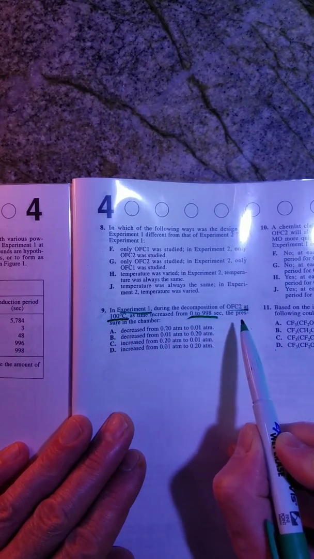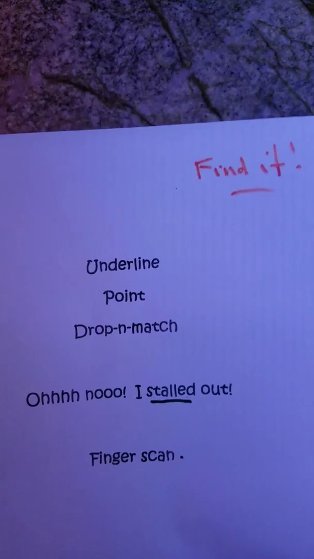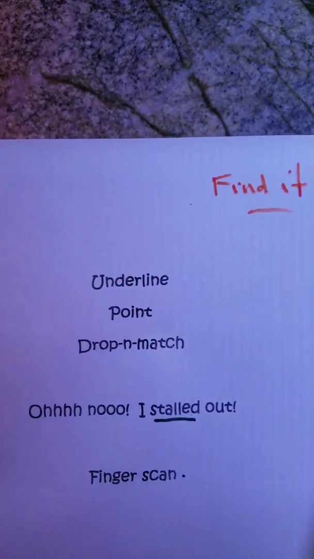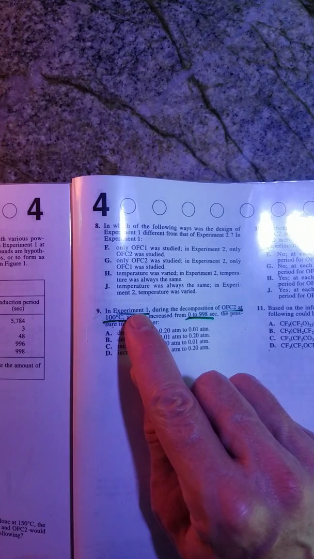As the time increased from 0 to 998, the pressure in the chamber did what? Okay, so I underline basically what is important in the question. Step number 1, underline. Now, step 2 is to go ahead and point. So first thing we're going to do is take one finger, and I'm going to point to the first thing I underlined, which was experiment 1.